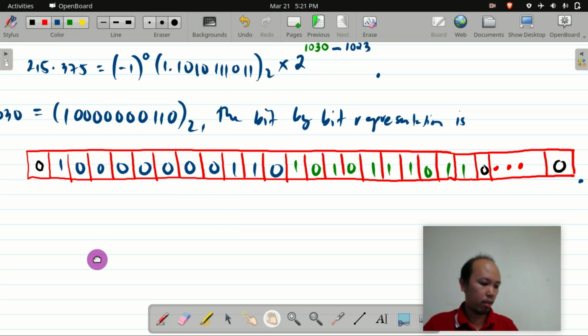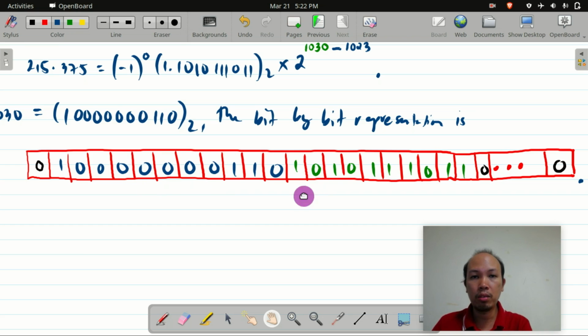This is using the 64-bit floating point representation of this number. If you are using 32-bit, that's a different story, because you are using 32 boxes only. If you are using an 8-bit operating system, then the boxes are 8 only.